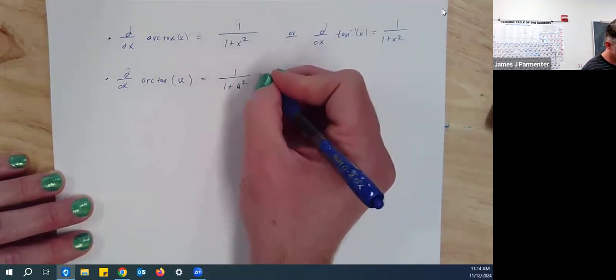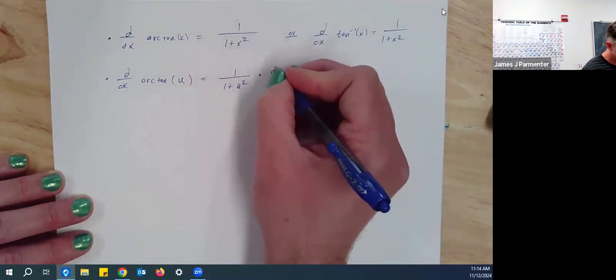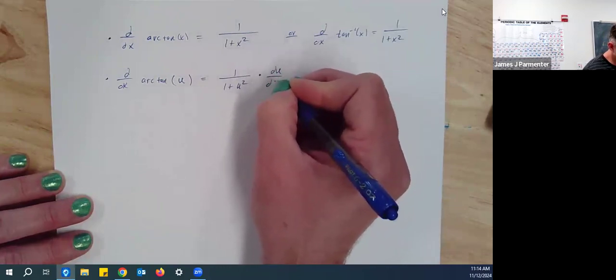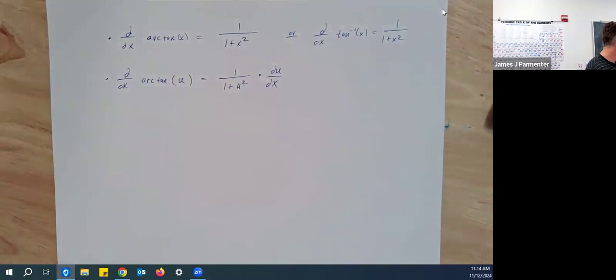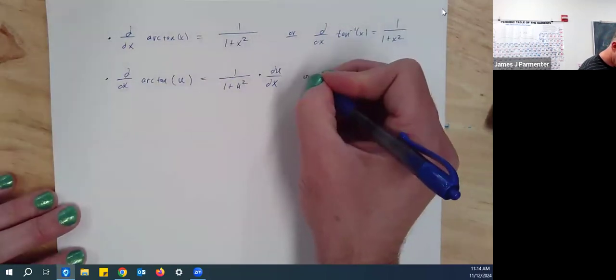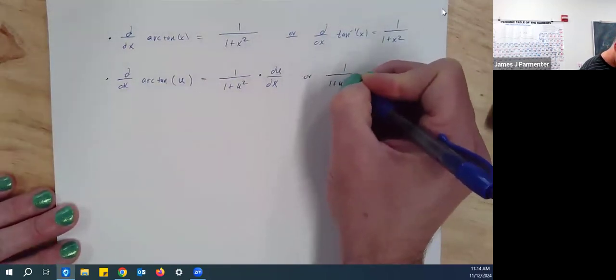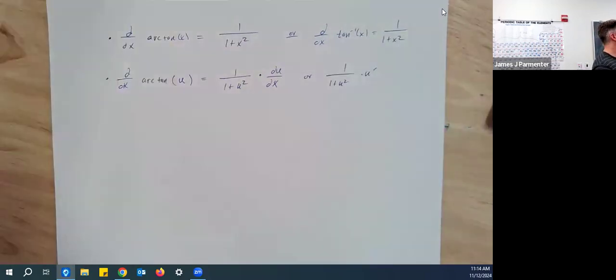And then I have to multiply by the derivative of the stuff, u prime or du dx, whichever way you want to write it. That's always the case. Whenever you're writing a chain rule version, you're just replacing every x with your stuff, and then at the end of the process, multiplying by the derivative of the stuff.